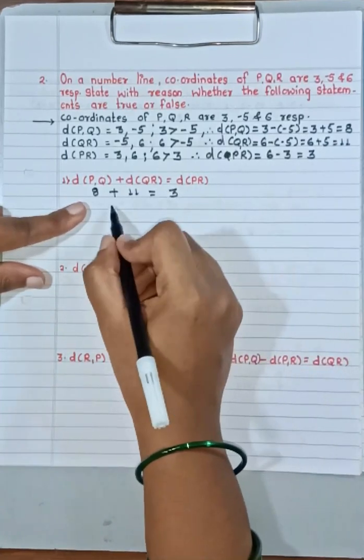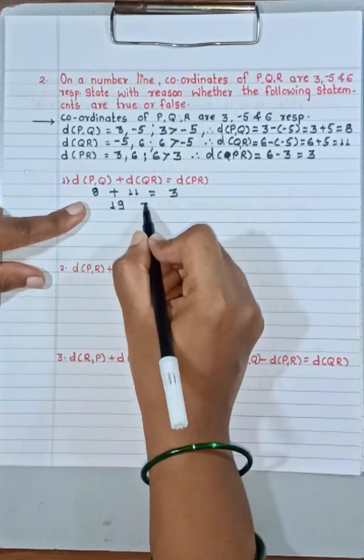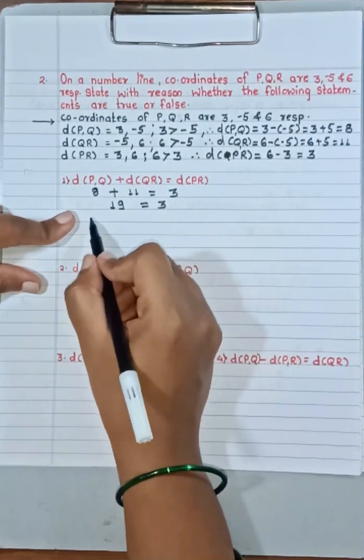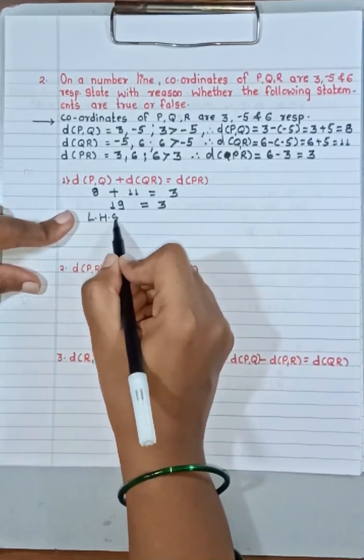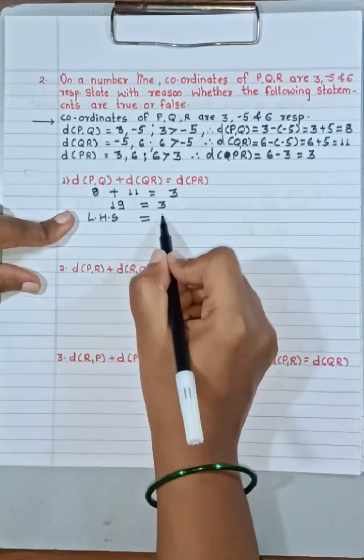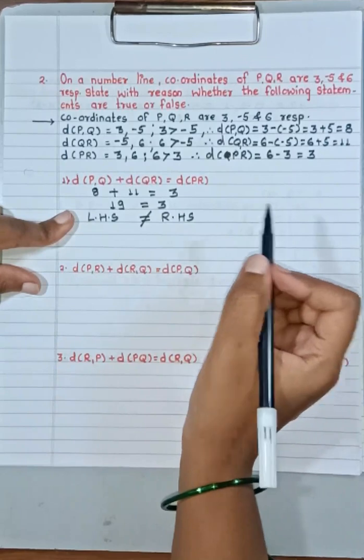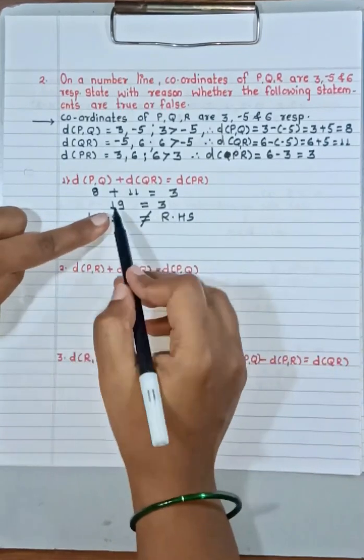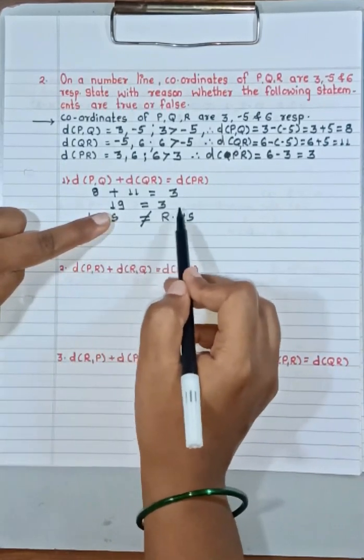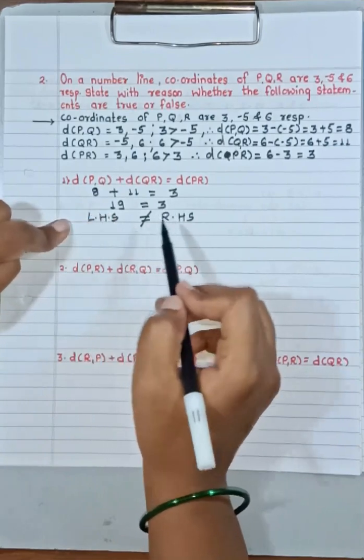Now 8 plus 11 is 19, which is equal to 3. If you see, the left hand side and right hand side are not equal. If you get answer 3 here and 3 here also, that means the statement is true.